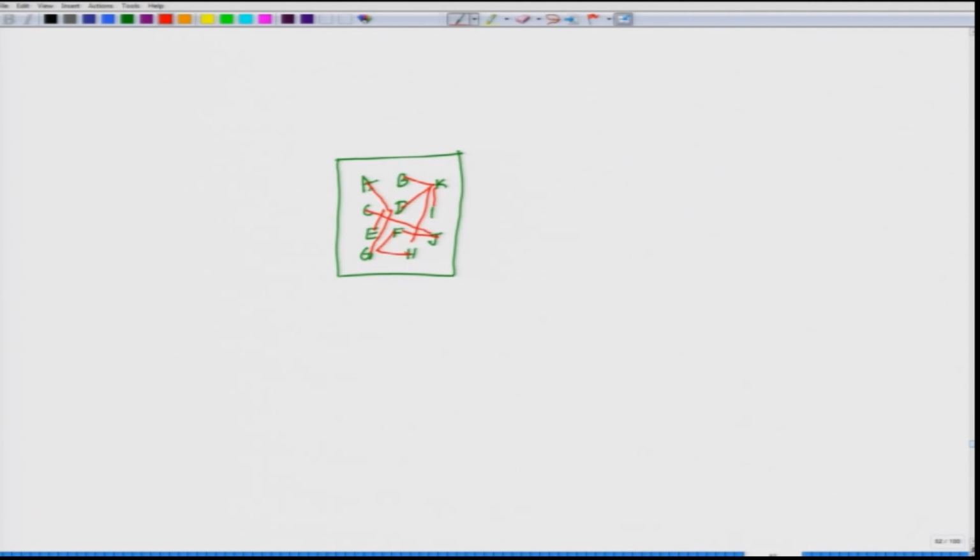Now, you want to study, say, the connectivity or the crosstalk between point B and point J. So, you are isolating point B, you are isolating point J, and you are rebuilding the connectivity.